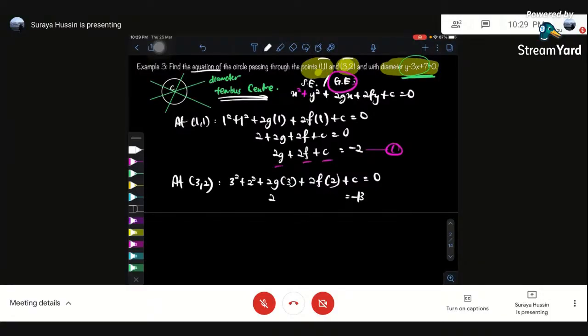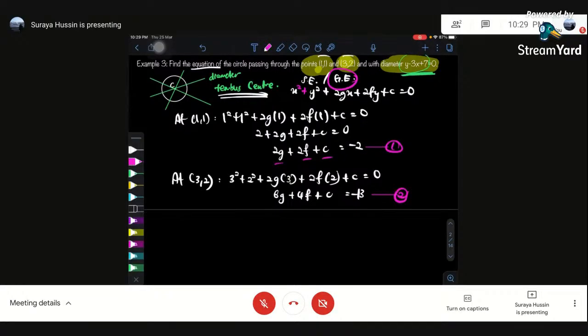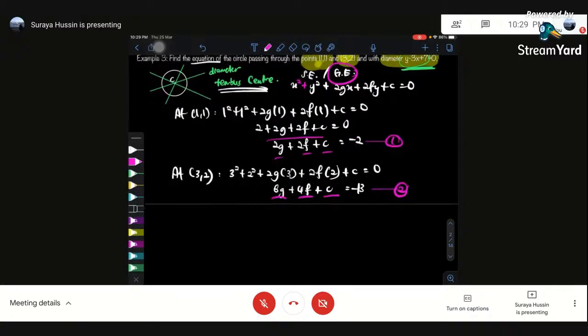So I'm going to get 6g plus 4f plus c. So this is our second equation. When this is the second equation, you will see these two things look almost the same, right? When you see that, you do simultaneous equations. So this is what I will do. Maybe it should be like this. It's easier like this.